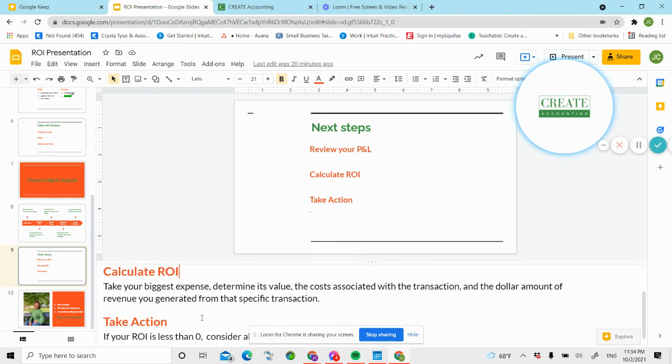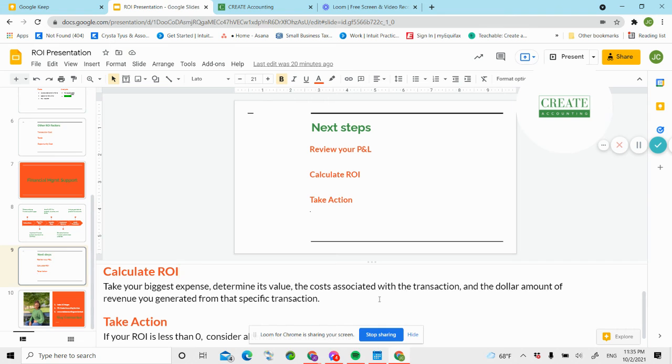I want you to then take your biggest expense, determine its value, the cost associated with the transaction, and the dollar amount of revenue you generated from that specific transaction. So I want you to determine what was your biggest investment this past month.